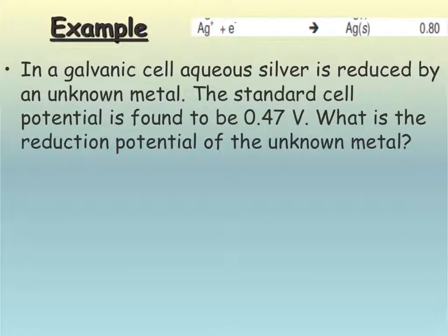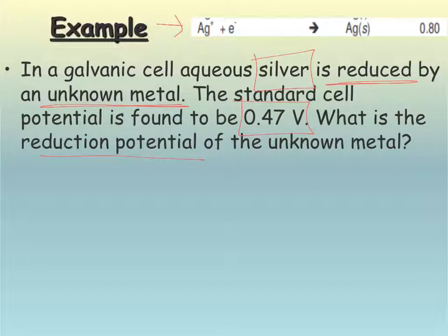Last but not least, we have a galvanic cell with silver that is being reduced. It's telling us straight out that this guy's being reduced by an unknown metal. The cell potential is found to be 0.47, and it wants us to determine the reduction potential of the unknown metal. I have silver's reduction potential and the equation for the reduction.